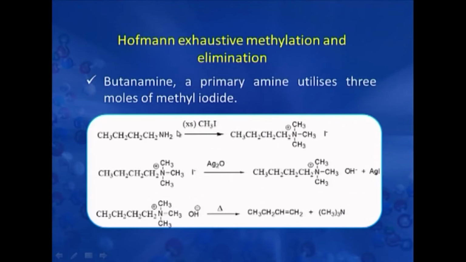You can see here that we have written excess of methyl iodide. When n-butylamine, a primary amine, is treated with methyl iodide, it utilizes 3 methyl iodide groups and forms a quaternary ammonium iodide. This quaternary ammonium iodide reacts with silver oxide and forms quaternary ammonium hydroxide, which then upon heating produces 1-butene as the major product along with trimethylamine and water.